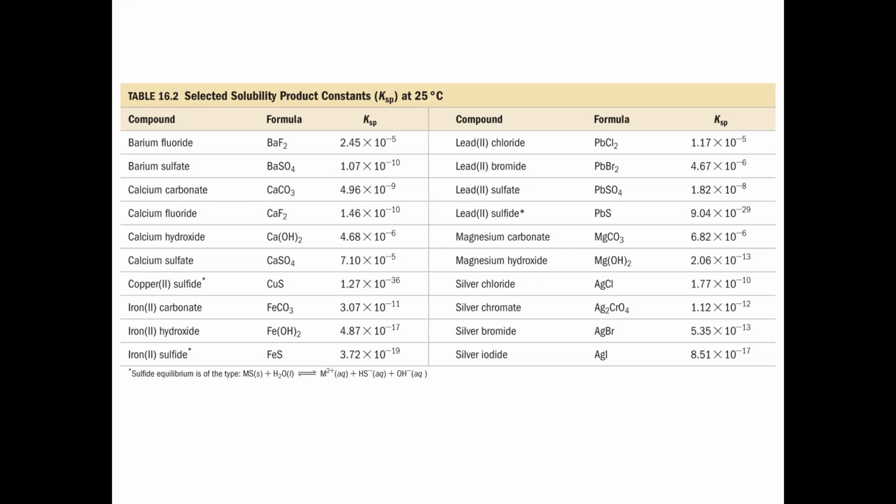That will be more soluble than something like the copper 2 sulfide, which has a KSP of 1.27 times 10 to the -36. So you'll notice that these all have varying degrees of solubility. But yet again, the lower that exponent is, the closer that number is to 1, the more soluble that salt is when compared to something with a higher exponent value.